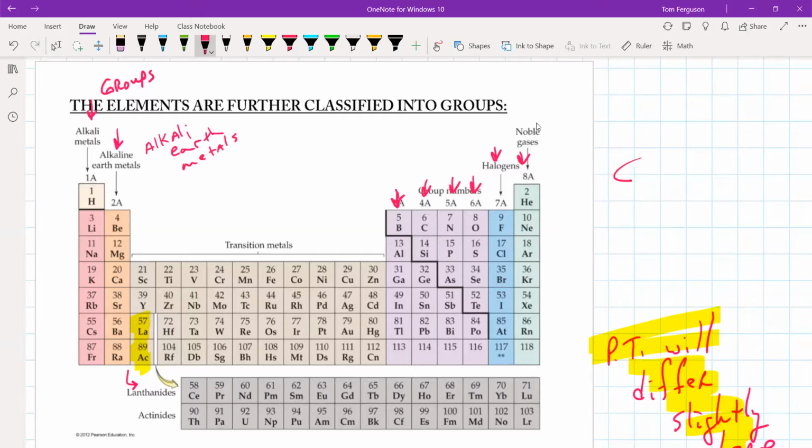Now, a group, because of the way the periodic table was invented, is where the characteristics, chemical characteristics, are the same. So everything in the group is going to have the same chemical nature, same characteristics, the same reactions.